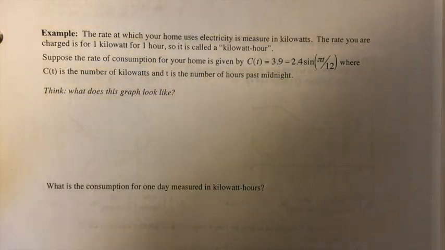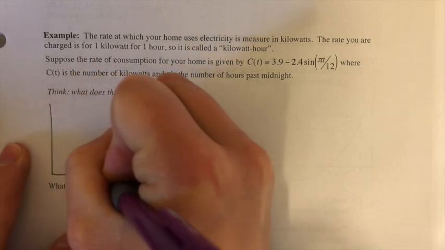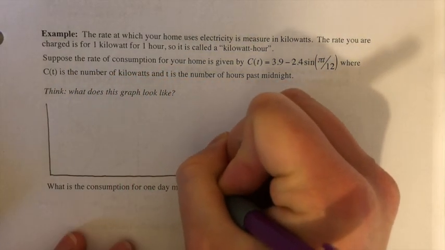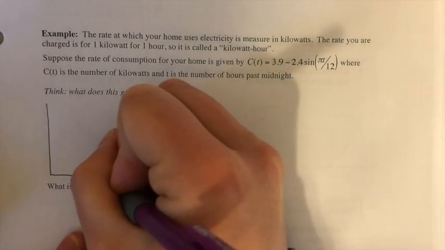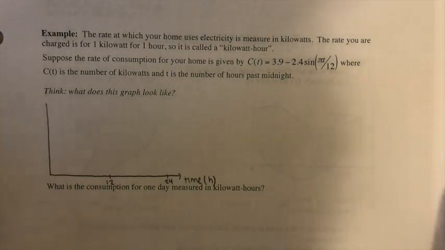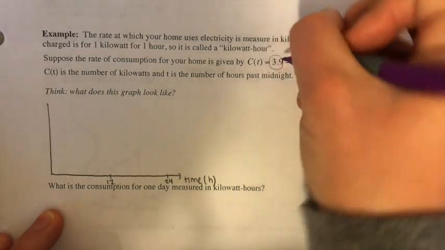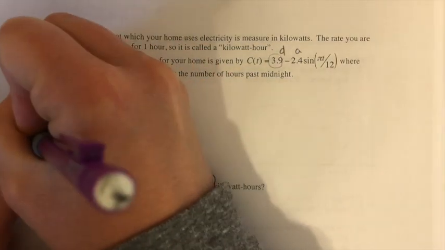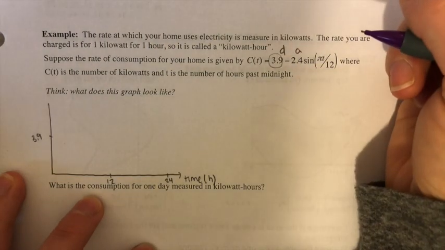I graphed this and I'll sketch what comes up. This is time in hours, and I'm just going to put 12 and 24 as my base here. We know that this is our D value, this is our A value. So the middle of our graph is going to be at 3.9, and our amplitude is 2.4.